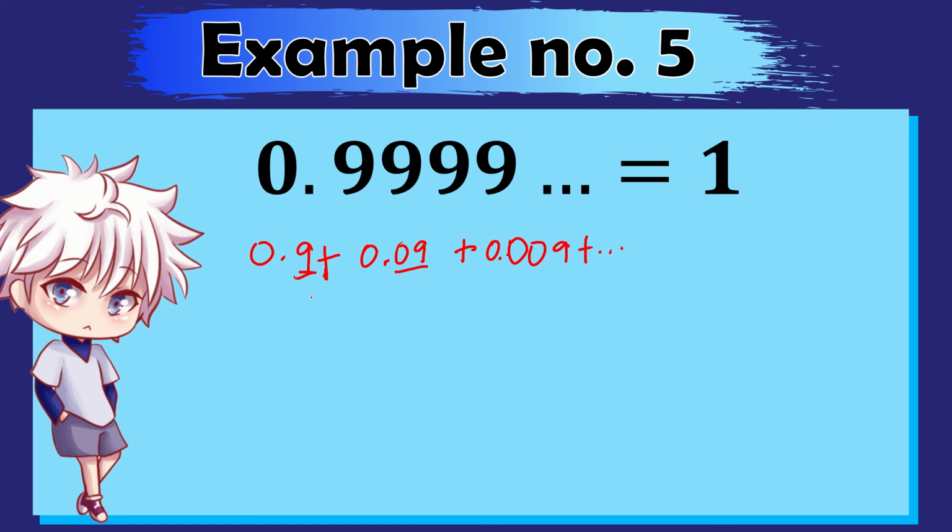Since nasa tens digit lang yung unang naulit, so we will have the common ratio is 0.1. So solve natin. Yung ano kayo magiging fractional form nitong non-terminating and repeating decimal na 0.9. So again, we have the first term is 0.9.